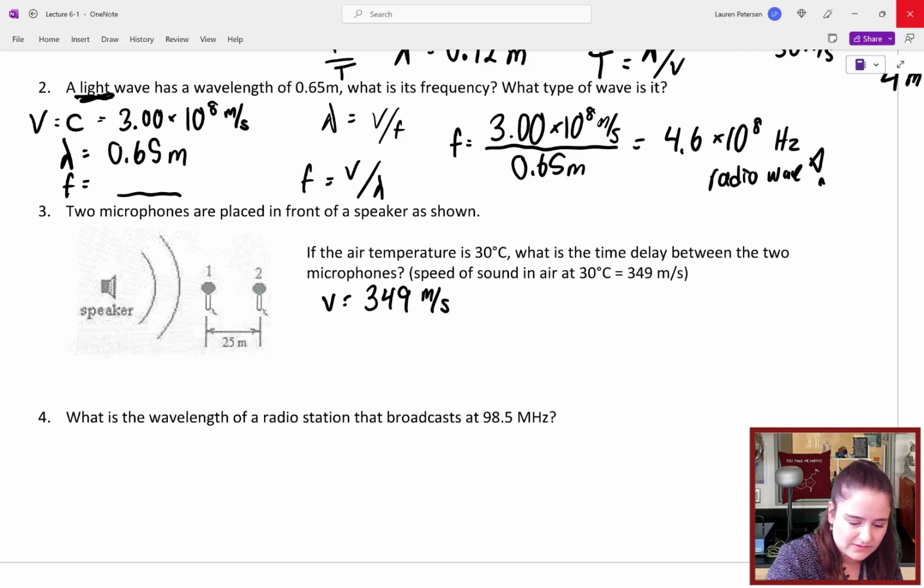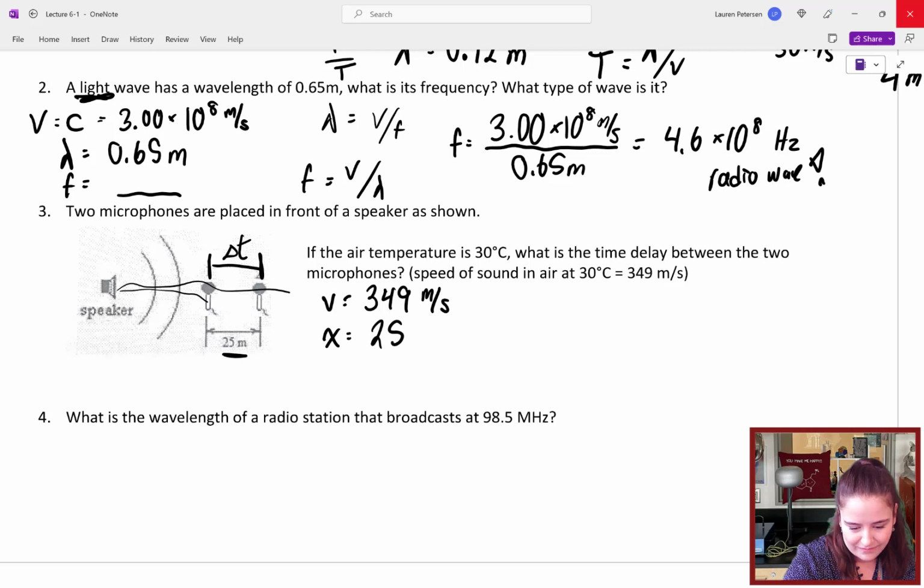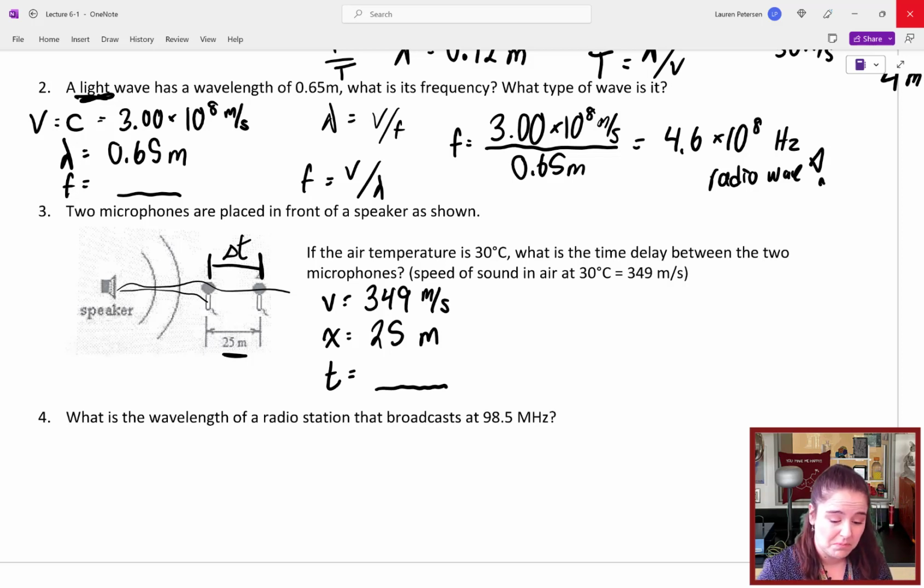So we have the speed of sound in air. There's 25 meters between them. If we're looking for the sound delay, basically we're just looking for that change in time of how long it takes to go that distance of 25 meters. While this does kind of look like a wave problem, it's really just a distance over time, a speed problem.